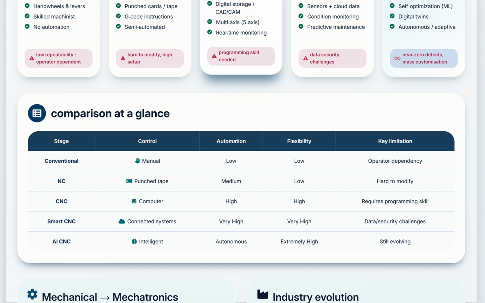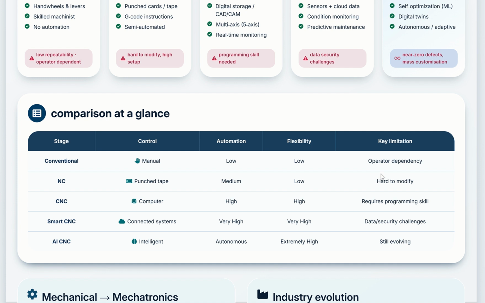When you look at these stages, in the conventional stage, as you can see, the control was manual, automation was low, flexibility was low, and the limitation was operator dependency.